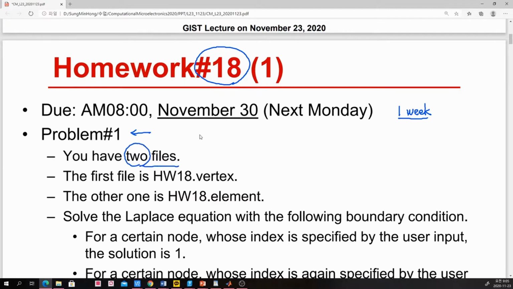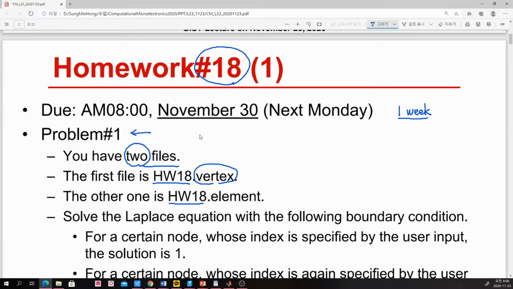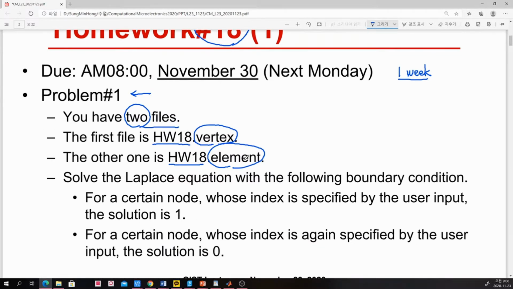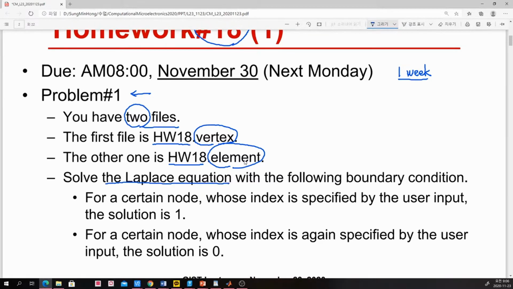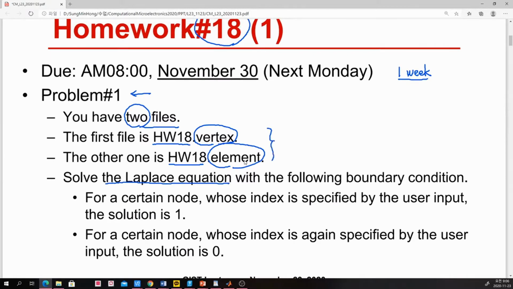The first file is named homework18.vertex, and the second one is named homework18.element. Your goal is to solve the Laplace equation for a system described by these 2 files.